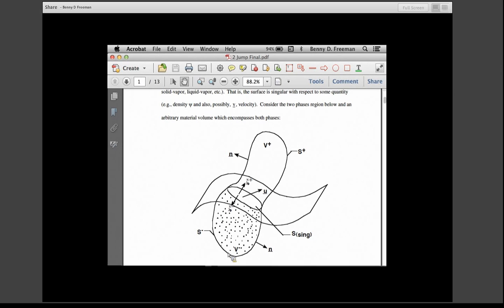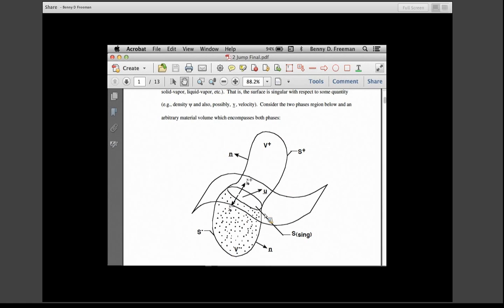And we're going to have it basically intersecting a phase interface. So this plane shown here is a phase interface. You can consider the region below it, for example, to be a liquid and the region above it to be a gas. So this would be a gas-liquid interface, for example. And we're going to allow this material volume to intersect that phase interface.